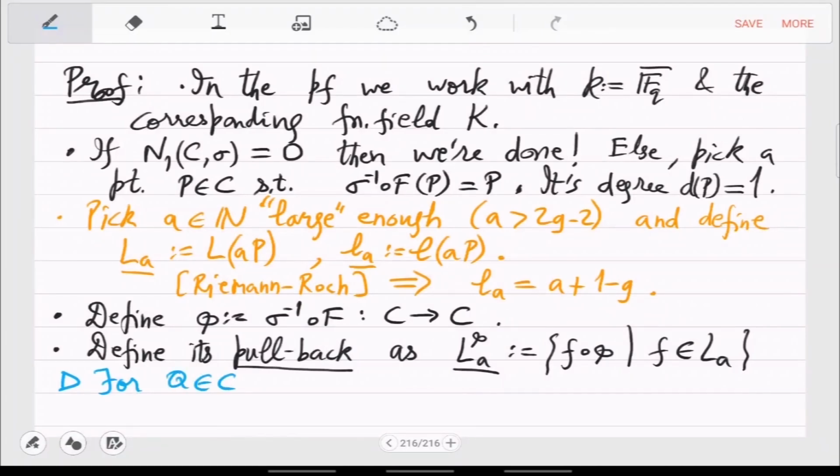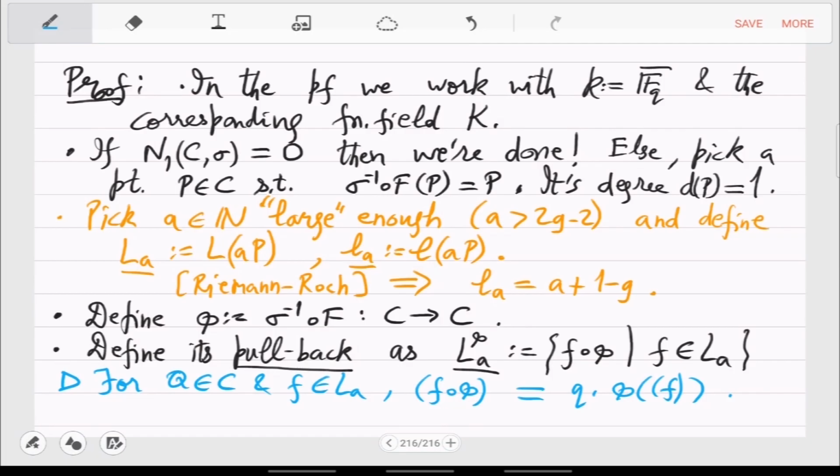For any point q in C on the curve and f in LA, what do you know about the divisor of f composed with phi? So note that this is equal to this. Okay, so this comes from the example I showed you before.